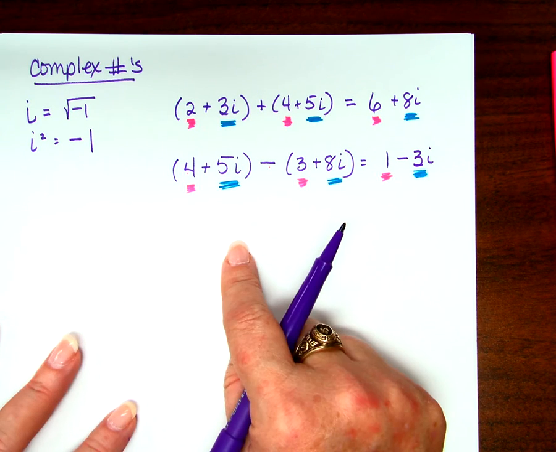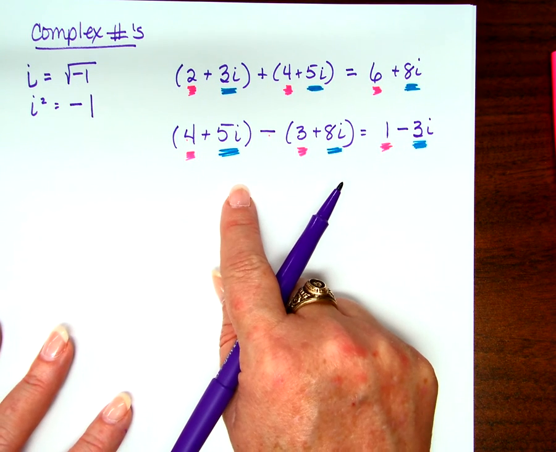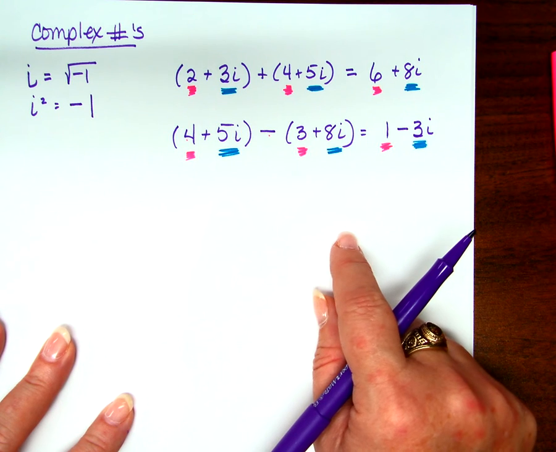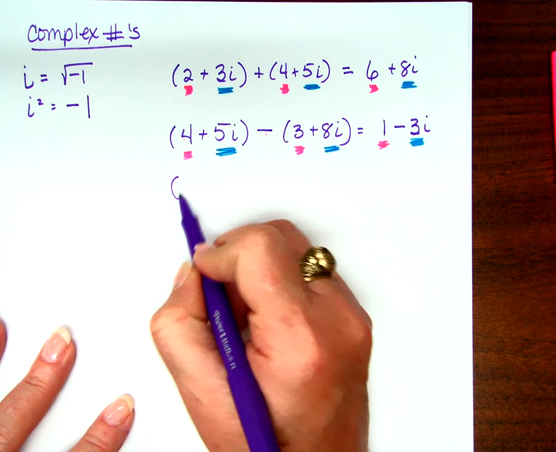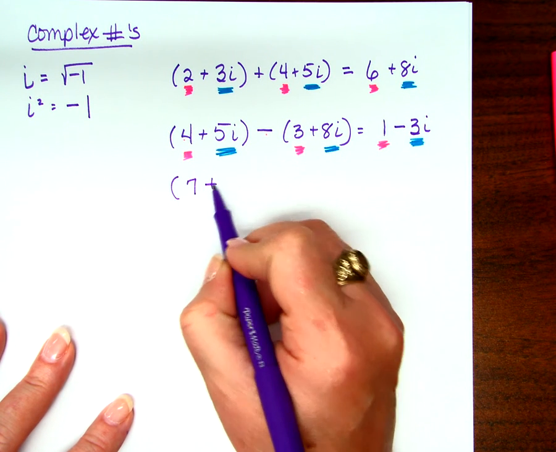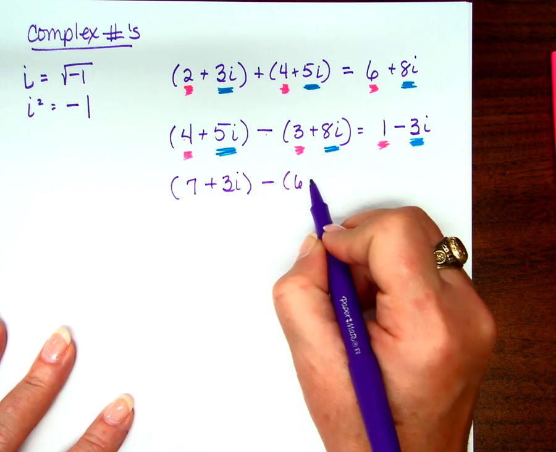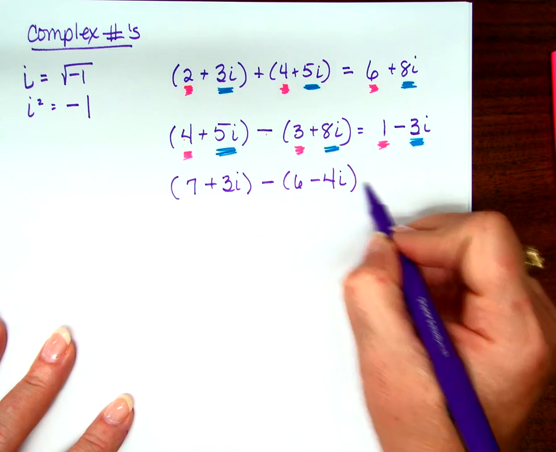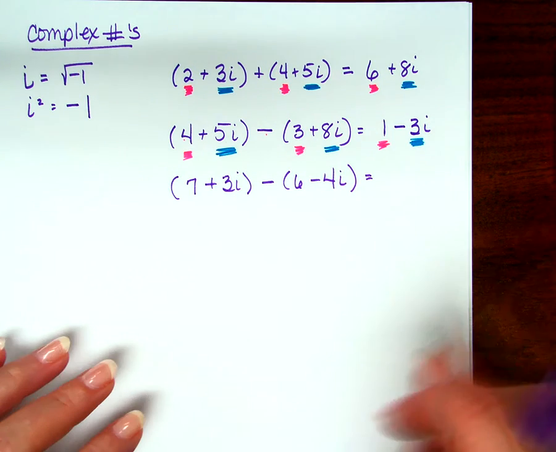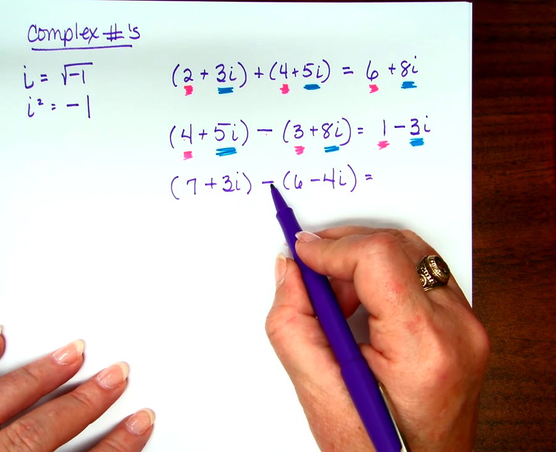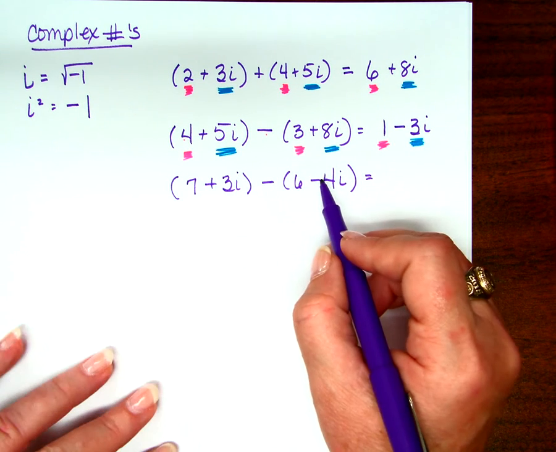Now, I know it seems maybe a little over the top, but I do want to do one more subtraction problem to remind you that there's another way we can do this. Let's do 7 plus 3i minus 6 minus 4i. Do you remember that we could distribute the -1, couldn't we?